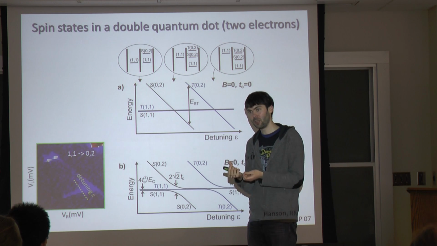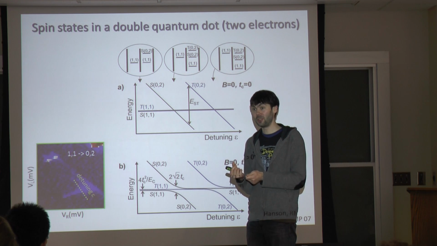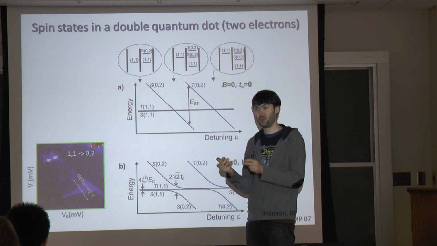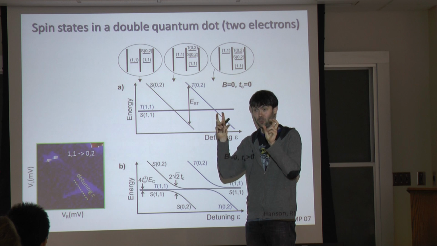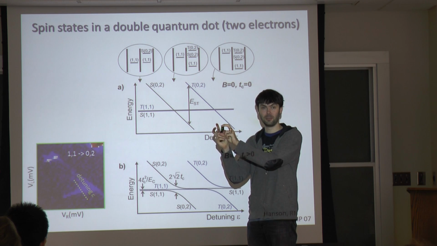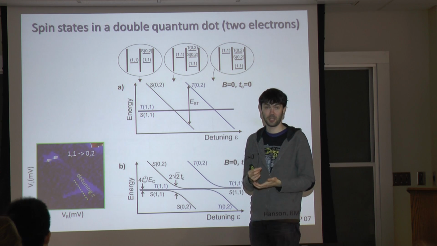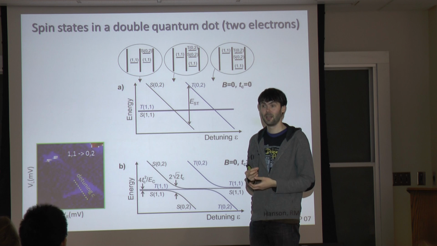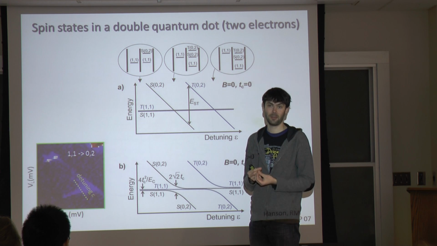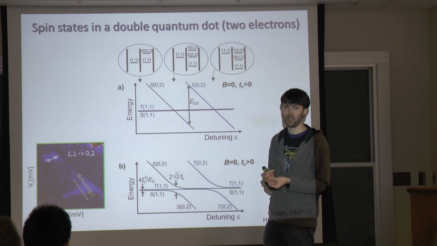Now there are 2 possibilities: 2 electrons can be each on one dot, or 2 electrons can be on the same dot. From the point of view of quantum states or spin states, those are very different. There are very important differences, especially if we include spin.